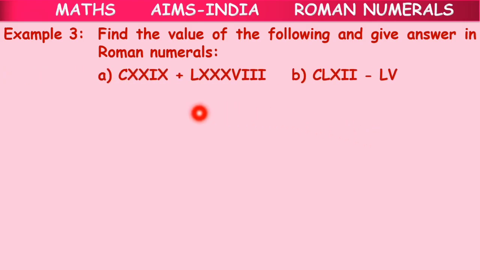Now here you have two questions, wherein in the first question what you have to do is convert these Roman numerals into Indo-Arabic numerals, then add both of them and write the final answer in Roman numerals. And in the second question, the same way, convert the Roman numerals into Indo-Arabic numerals, then subtract them and also write the answer in Roman numerals.